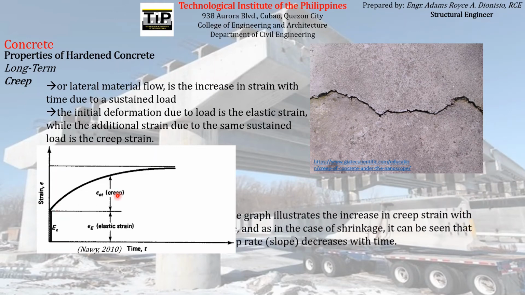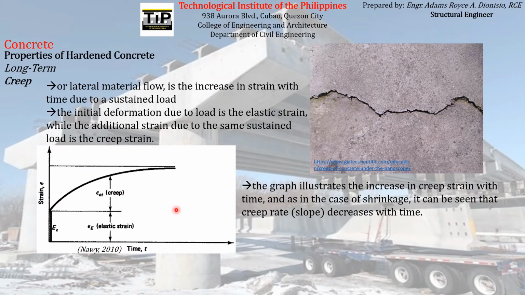You can see here on the graph that the graph illustrates the increase in creep strain with time, and as in the case of shrinkage, it can be seen that the creep rate or the slope of this curve decreases with time. So you can observe on the graph that the rate of increase, or simply the slope of this curve, decreases as time goes by, as time increases.